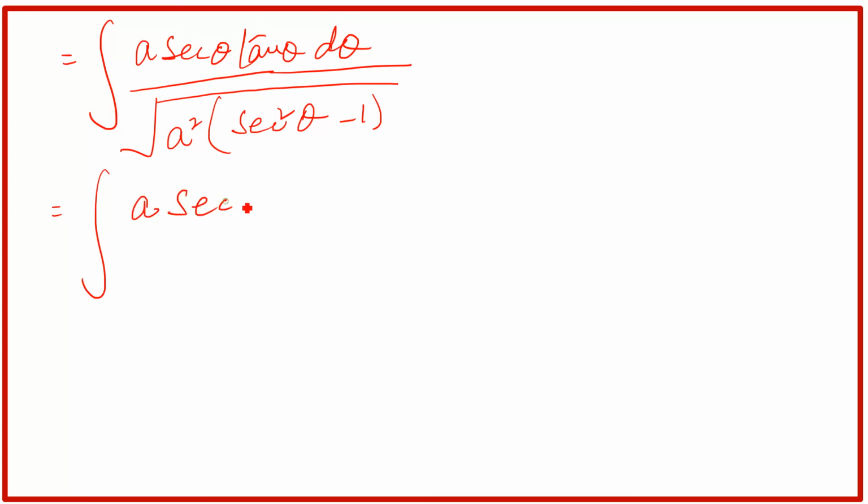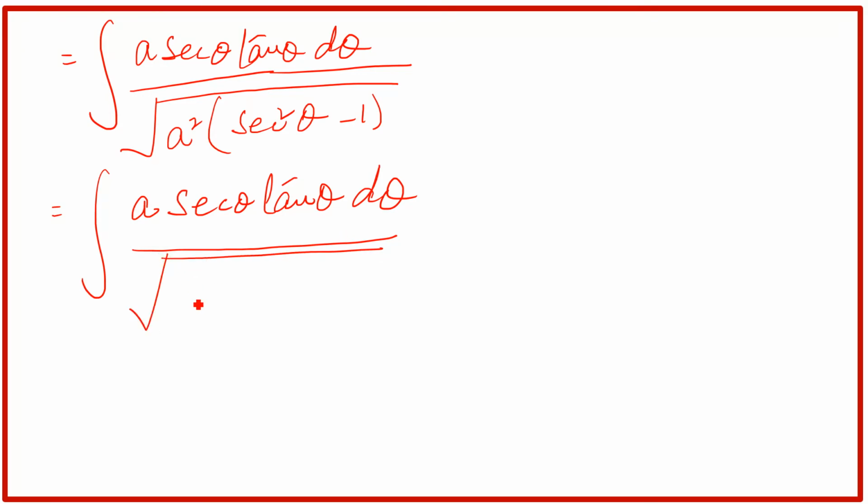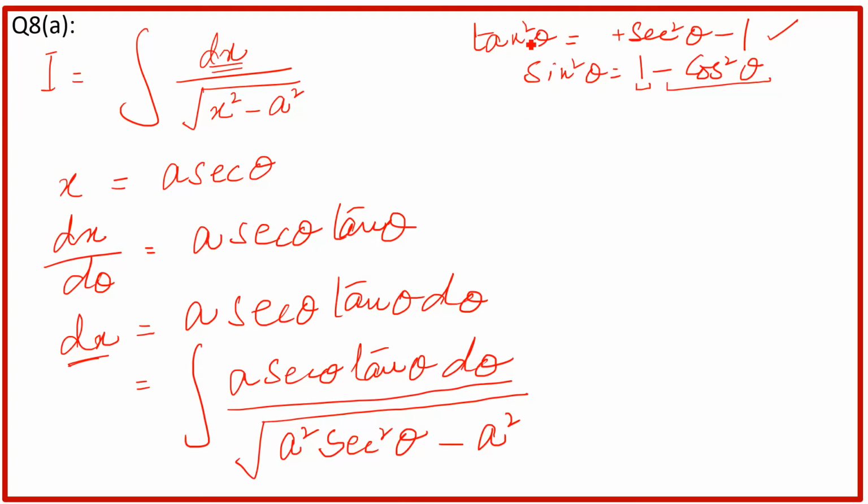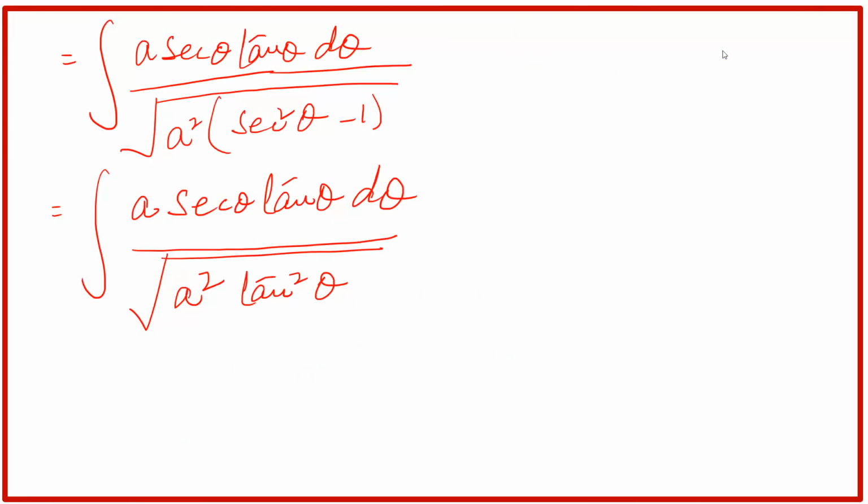if you go step by step very carefully, you will always do integration correctly. So this is, see, a square and secant square theta minus 1 equal to tan square theta. Tan square theta, and I have mentioned here as well, tan square theta is equal to secant square theta minus 1.